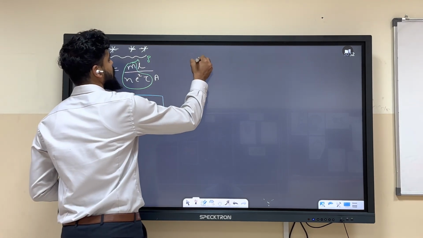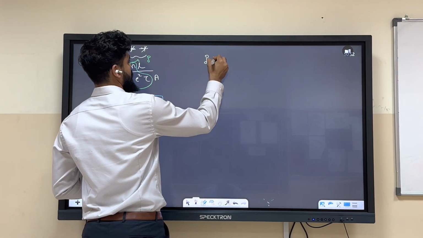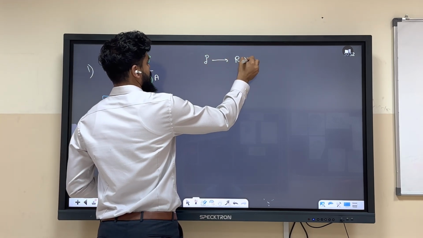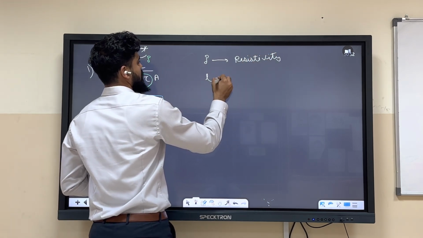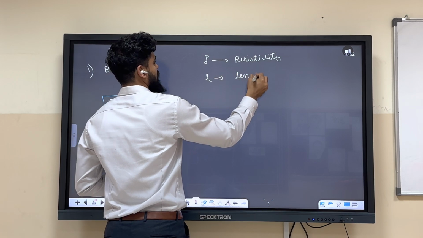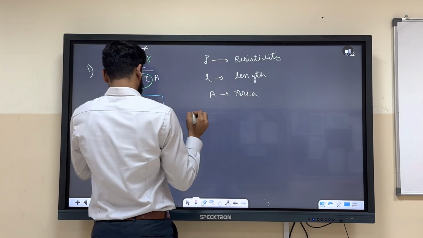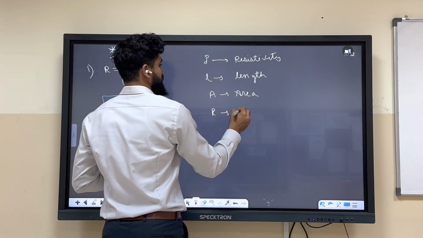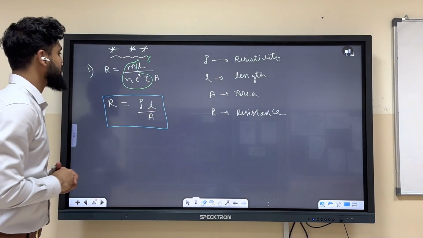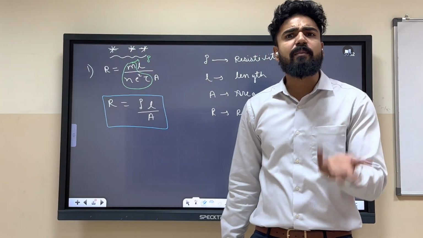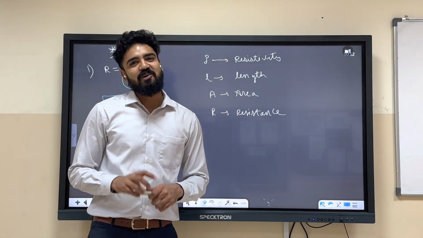Rho is your resistivity. We will discuss this resistance after some time. Firstly, let's discuss Ohm's law, and then after that we can discuss resistance.